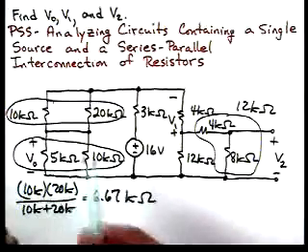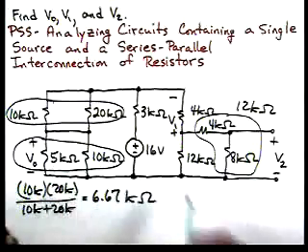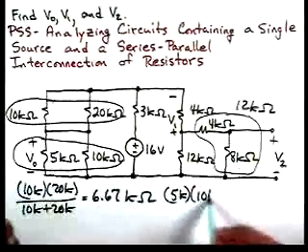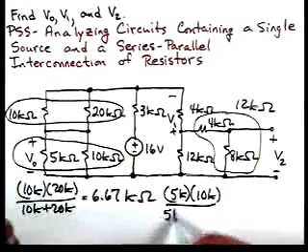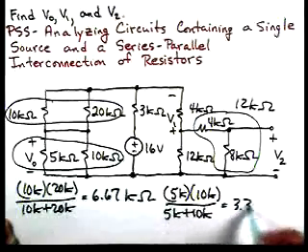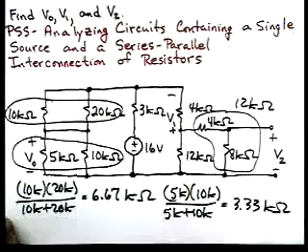And then for these two resistors on the bottom, we have 5K times 10K over 5K plus 10K, or 3.3 kiloohms. So our next step is to redraw the circuit with those combinations.